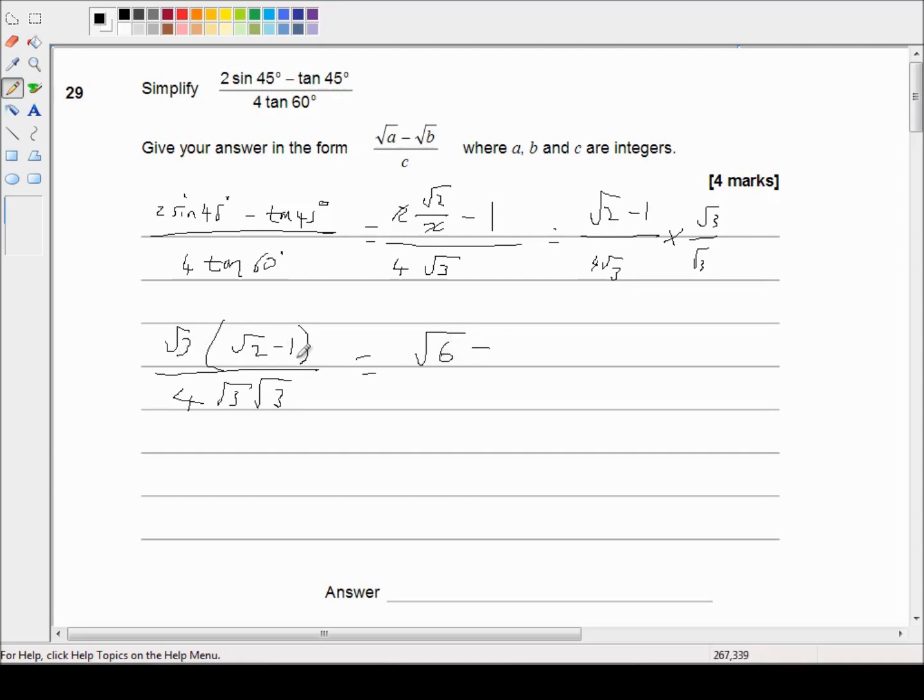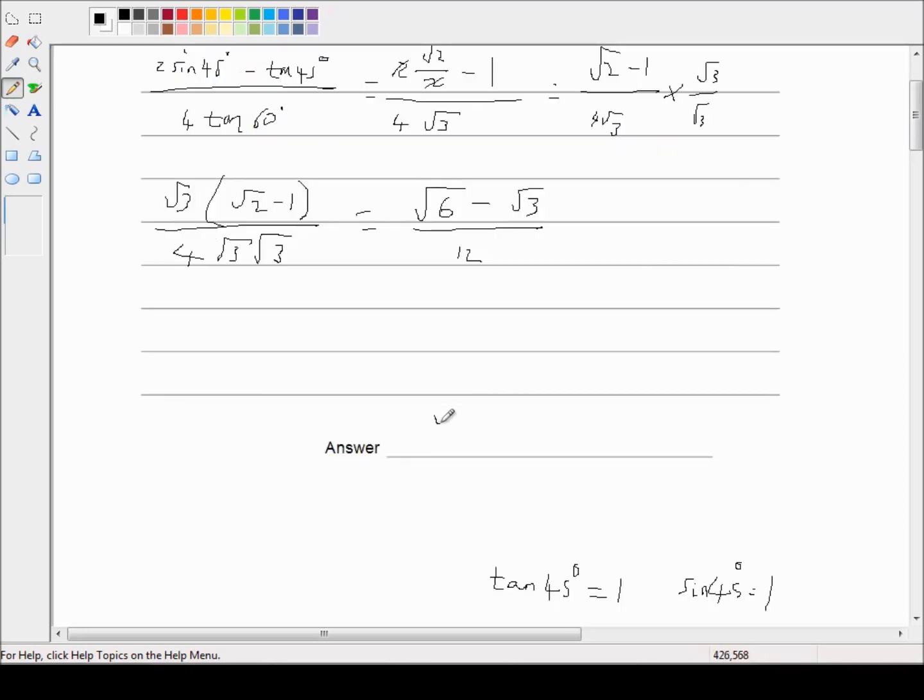And root 3 times 1 is root 3. And then that's divided by, well, root 3 times root 3 is just 3. So this is 4 times 3, which is 12. So our answer is root 6 minus root 3 all over 12.